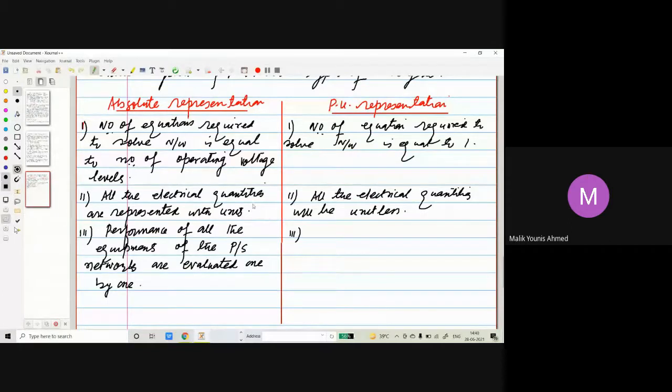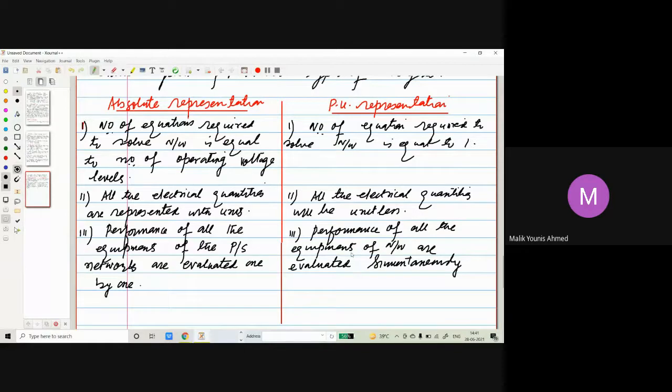In the per unit case, performance of all the equipments of the network are evaluated simultaneously. That means we can do it together.